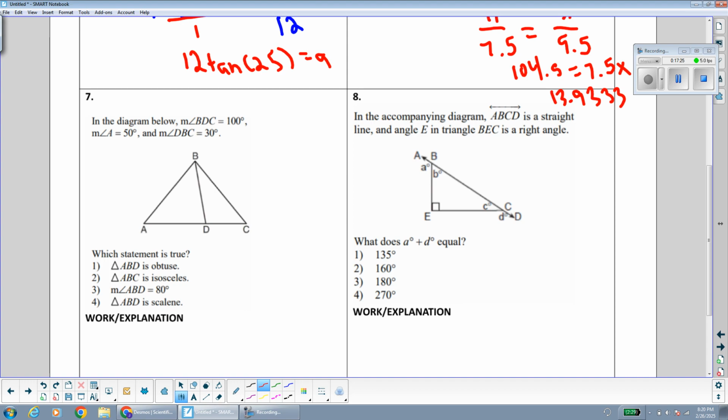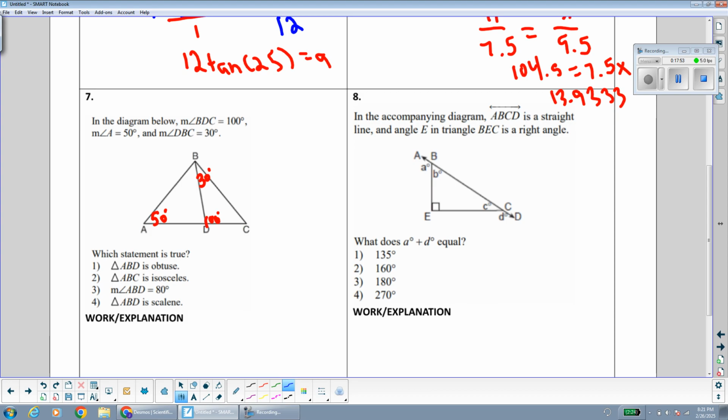Okay. Which statement is true? Measure of angle BDC is 100. Measure of angle A is 50 degrees. And measure of angle DBC is 30 degrees. Let me find the other angles first, because otherwise I'm just making up answers here. In this triangle DBC, we have 100 and we have 30.